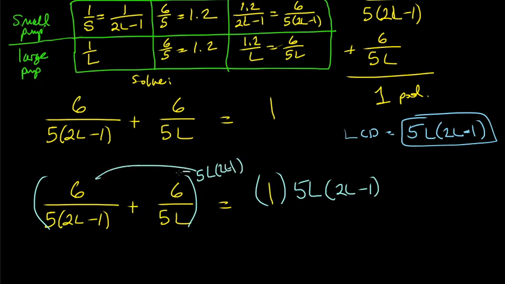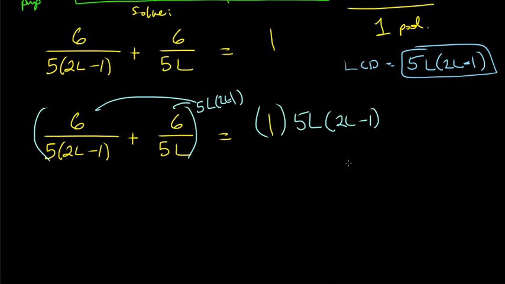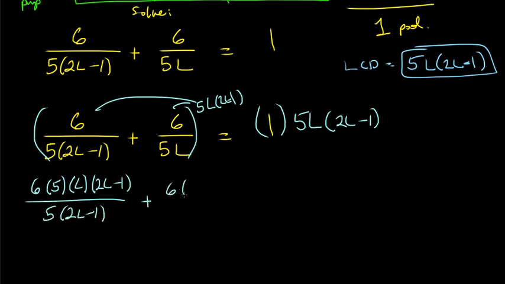And that's going to get distributed here. So 6 times 5 times 2L, times L times 2L minus 1, all over 5 times 2L minus 1. Plus 6 times 5 times L times 2L minus 1, all over 5L.